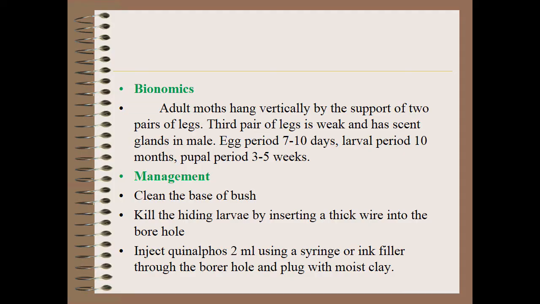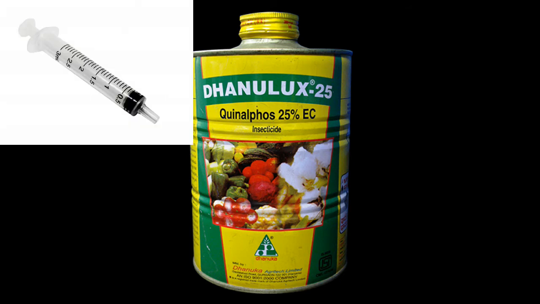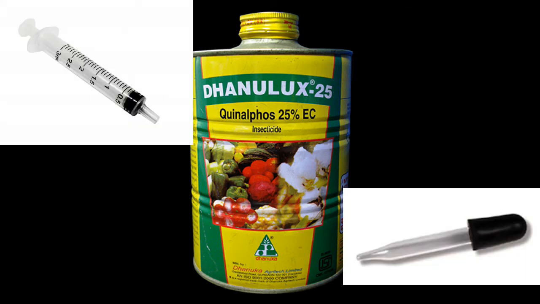What about management? Clean the base of the bush. Kill the hiding larvae by inserting a thick wire into the borehole, and inject a contact insecticide like quinalphos 2 ml using a syringe or ink filler. Inject through the boreholes and plug with clay or any other mastic material.